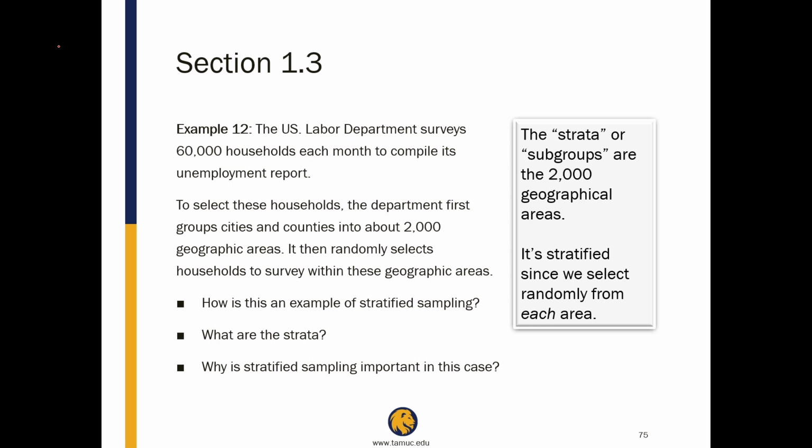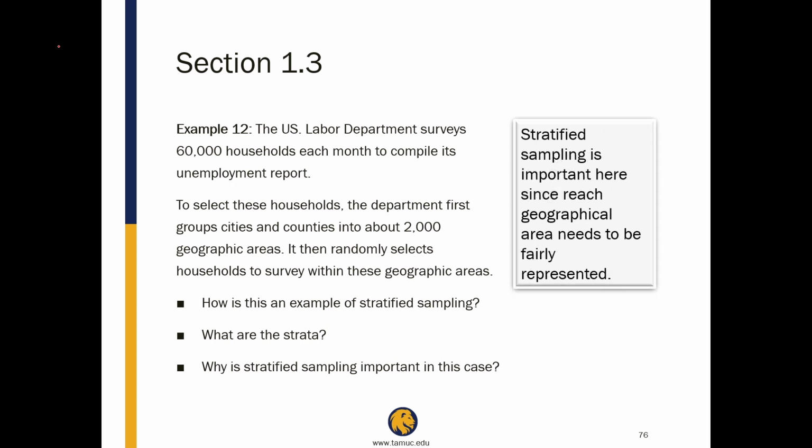That's why they call it stratified, because their random sample is taken from within each of all of those subgroups that are determined here. It's important that they do this because stratified sampling is used when they want to cover, say, a large land area without having to make a huge sample. So they're getting a little bit from each geographic area so that they fairly represent the entirety of the U.S. households in this case.